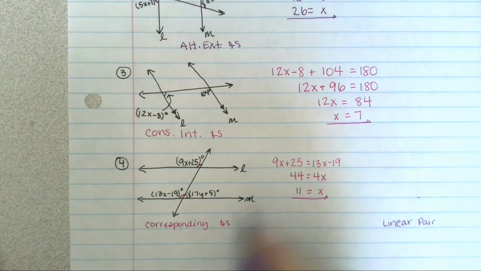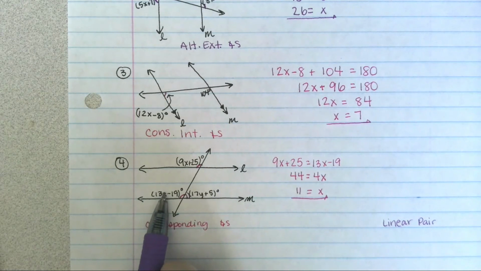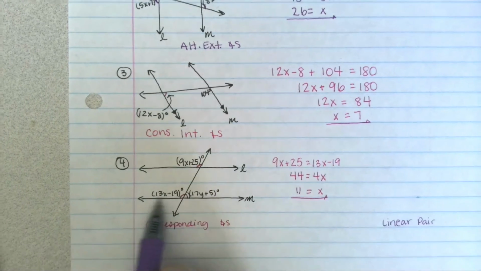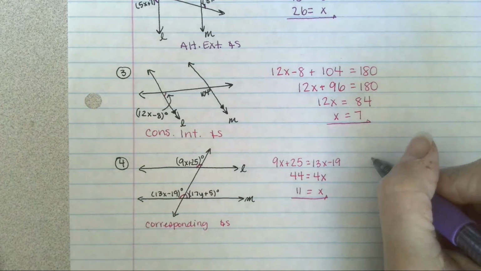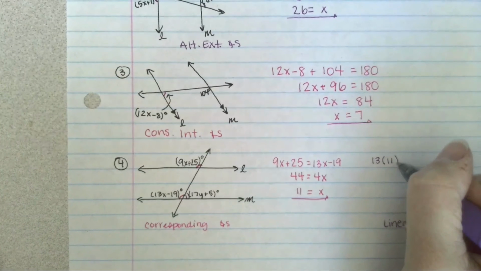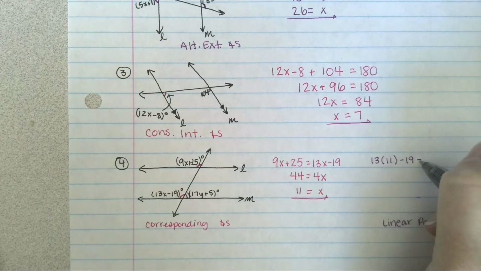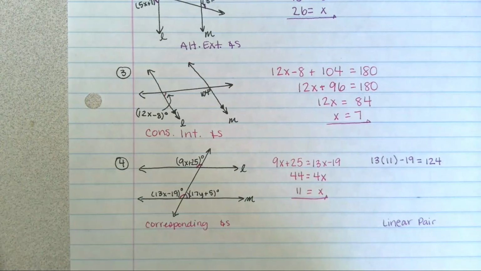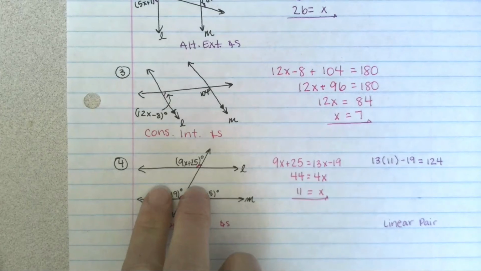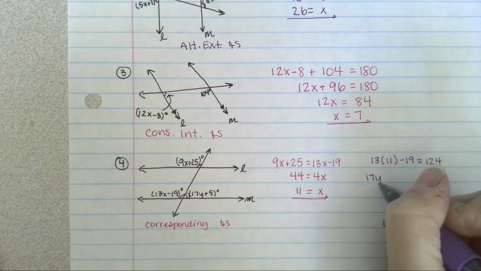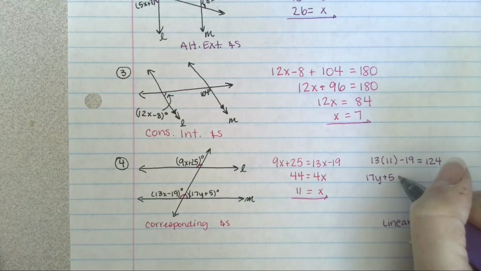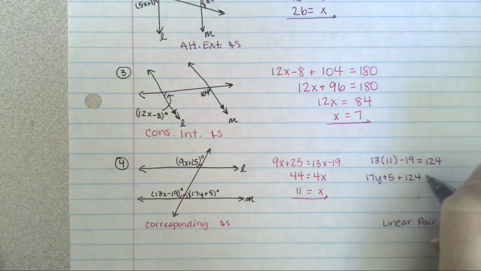To do that, I need to know what the angle measure of 13x minus 19 is, and now that I know x is 11, I can plug that in. 13 times 11 minus 19 gives me the angle measure there, which comes out to 124. So I know that these two angles added together have to equal 180. So 17y plus 5 plus 124 equals 180.